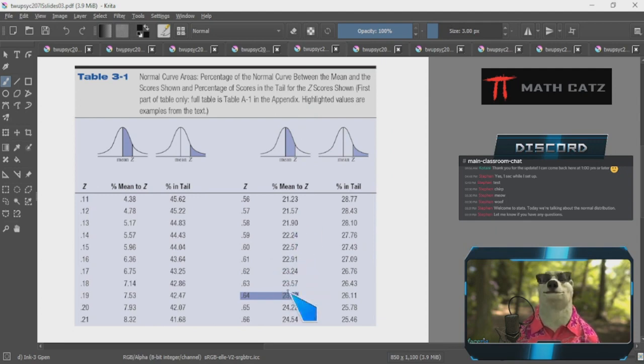I can, of course, also reverse it and say, if I want to capture 23.89% of the population, how far above the mean do I need to extend my range? The z-score says 0.64, so 0.64 of a standard deviation step.